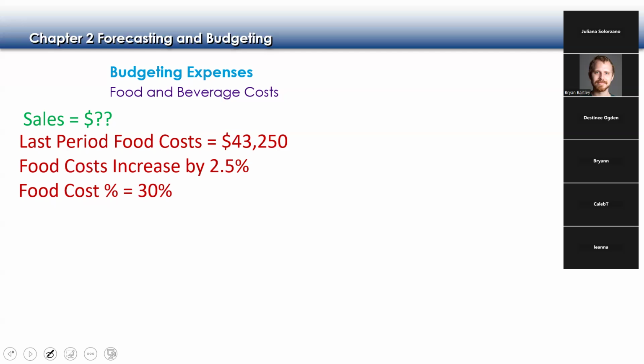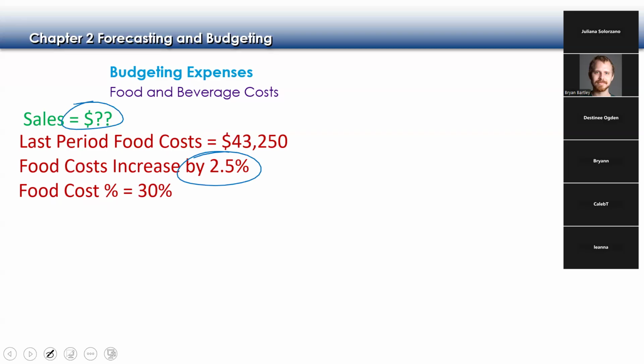This is a 2-step, right? We are combining not only the triangle, but also the forecasting we talked about at the beginning of chapter 2. We first have to figure out the increase. That's the first step. The second step is to then use the triangle.